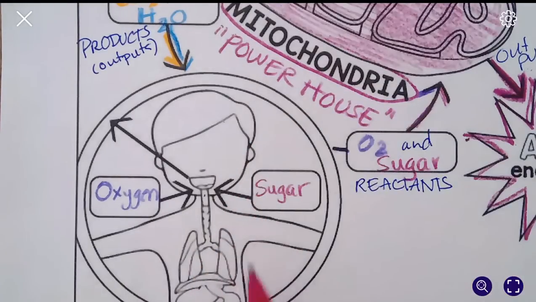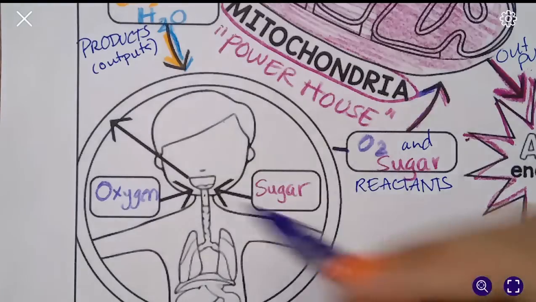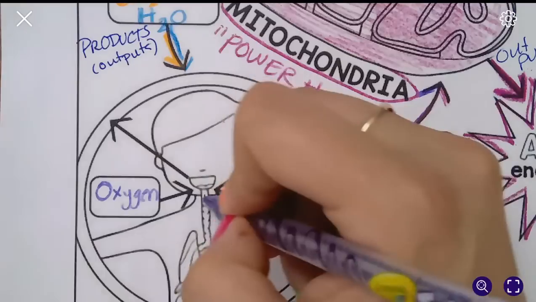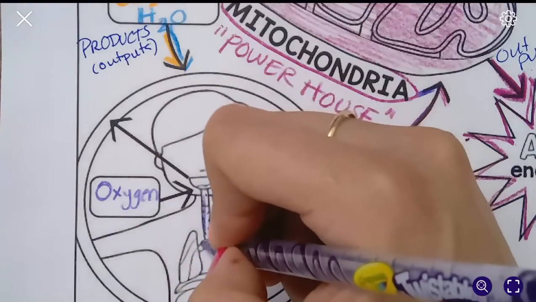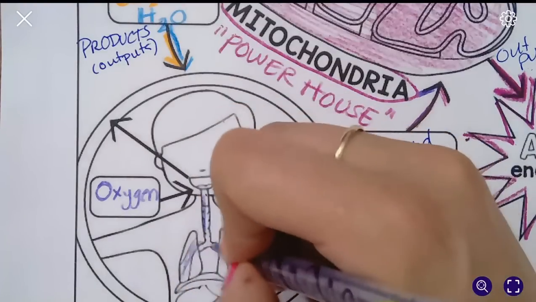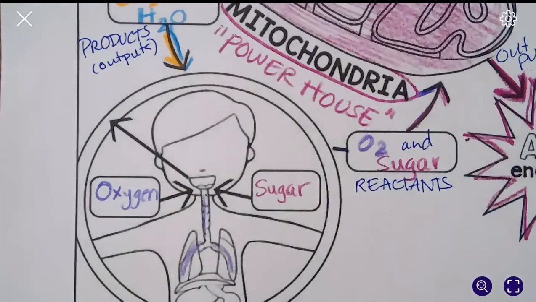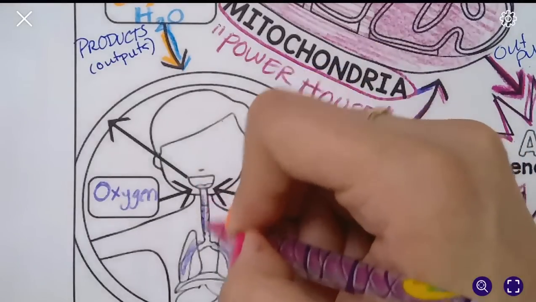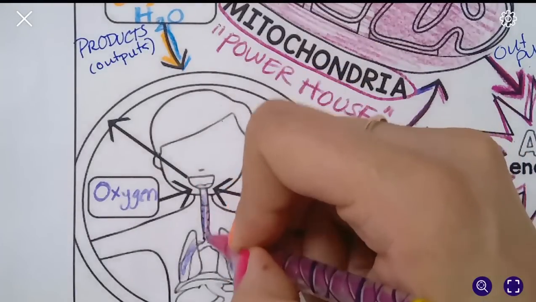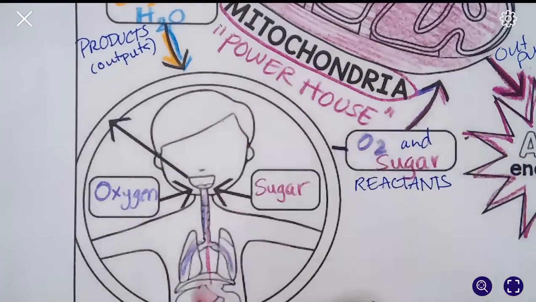And we have some systems highlighted here. Our oxygen is going into our respiratory system, right? Our sugars are going down into our digestive system.